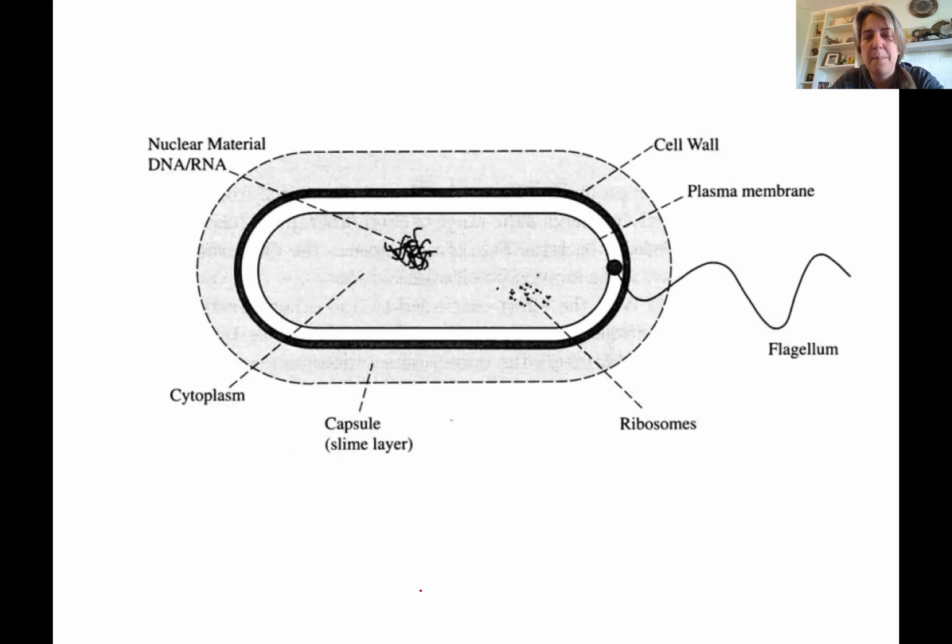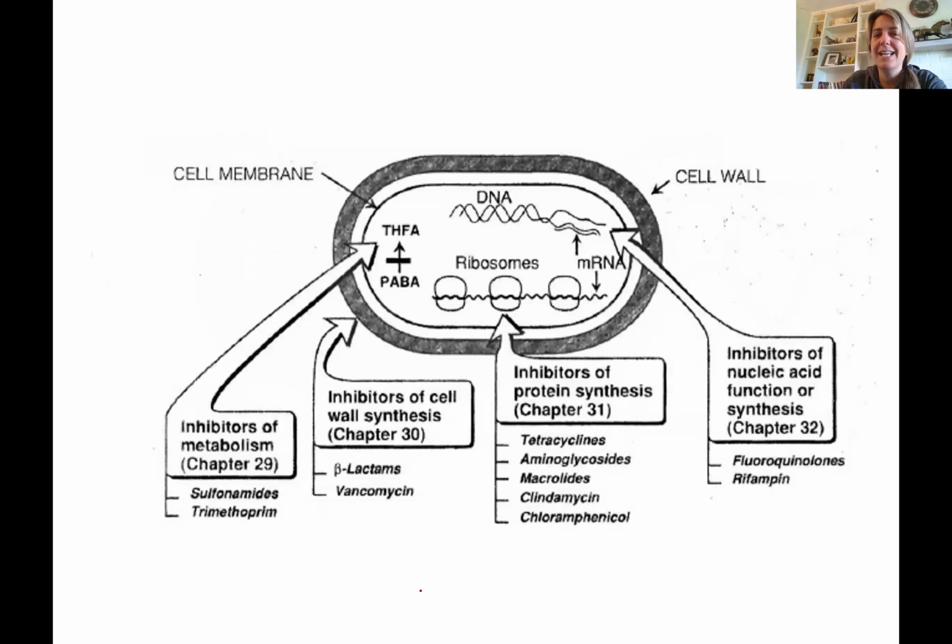So this is just a schematic of a bacteria. You can see how it has a plasma membrane, a cell wall, and ribosomes. Bacteria don't have a nucleus, so they just have DNA material or nuclear material loose in the cytoplasm, as opposed to us, okay? And this, again, is just a schematic of the bacteria and where each one of the antibiotics is going to work.